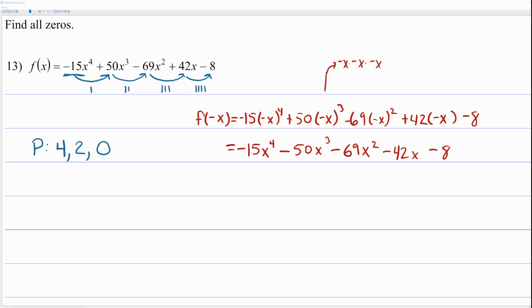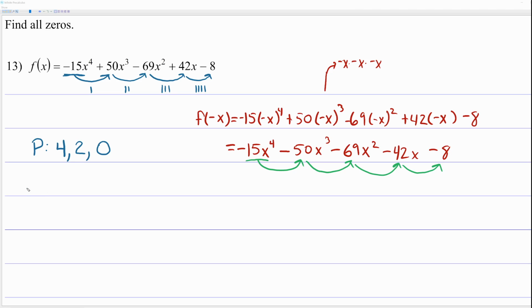And now we count, again, the variations in sign. So we start at the beginning term. Negative is still negative. Okay? Negative is still negative, no variations yet. Negative goes to negative, and negative goes to negative.